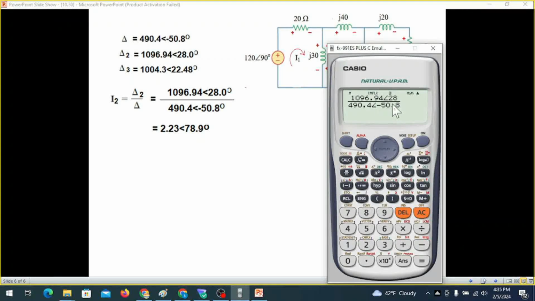We have entered all. Move ahead. Equal sign. This is again in rectangular. Shift complex 3. And the answer, we press SD. This is not in proper form. So 2.23 angle 78.889.